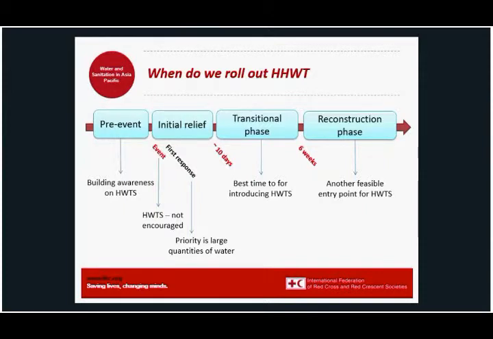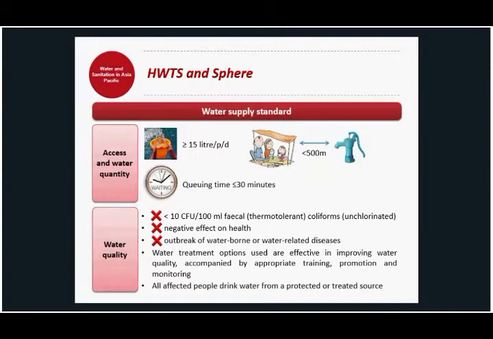Let's talk now a little bit about household water treatment and SPEAR. This is just a quick recap of the SPEAR handbook guideline relating to water supply standards, and all of you might be aware that it has also been covered during the first and second webinar.